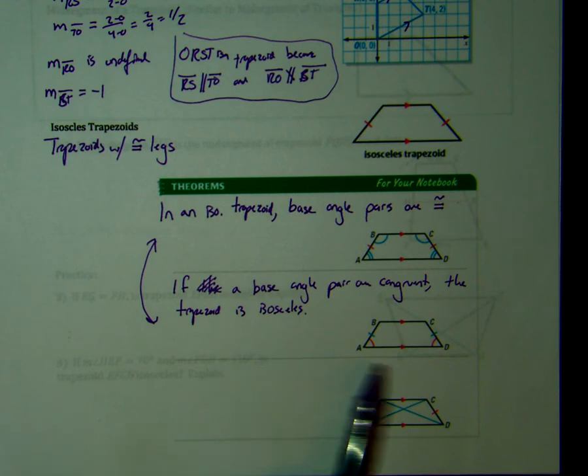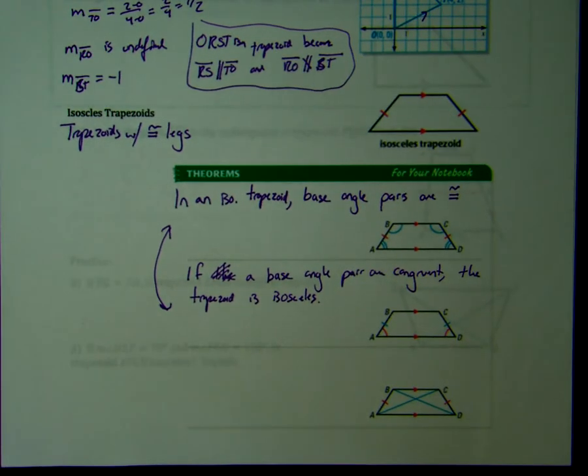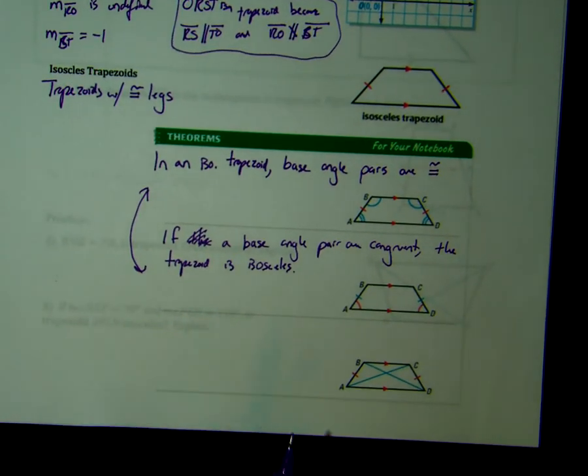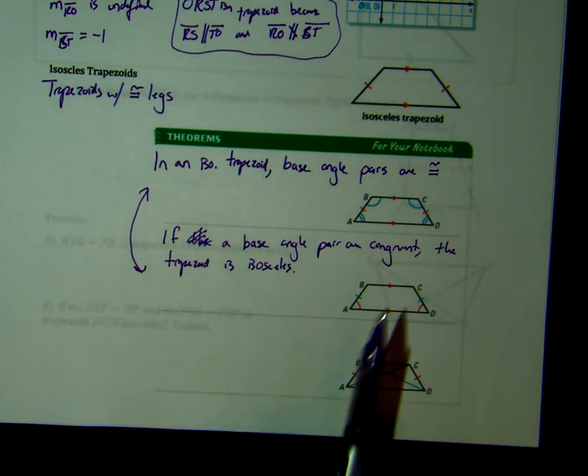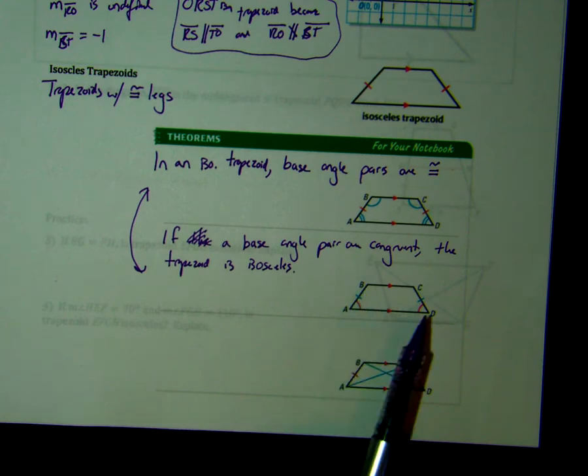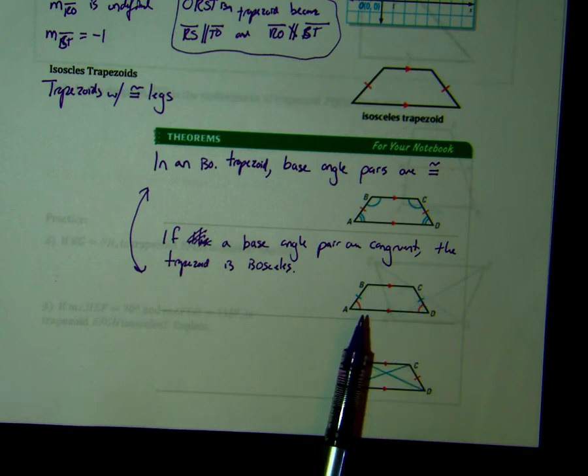All you need to do is prove one. The other pair is going to be congruent automatically. By what? Does anybody remember? Old friend, the congruent supplements theorem. These are going to be supplements, and these are going to be supplements. This pair is congruent, so the supplements of the congruent angles are going to be congruent as well.